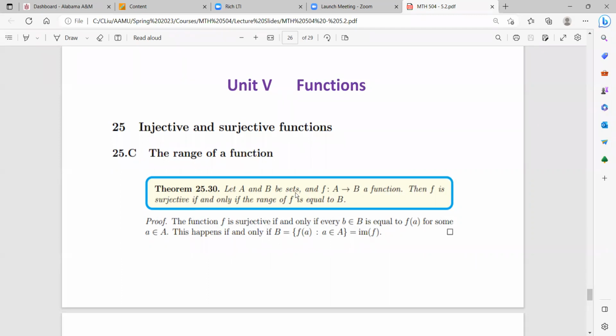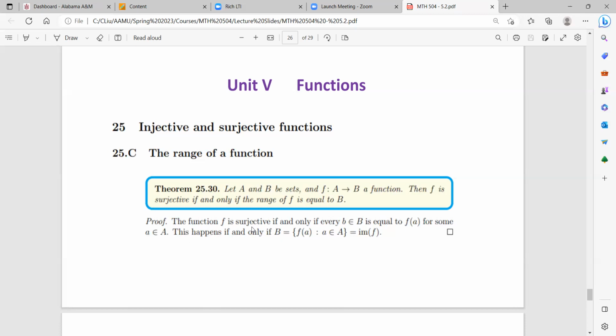Let's look at a function f from A to B. This theorem says f is surjective if and only if the range of f is equal to B. That means you can always find a preimage under f, right? But that's exactly the definition of a surjective function, isn't it? So the proof only has 1 or 2 sentences.